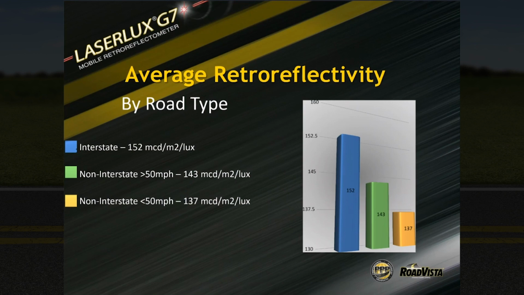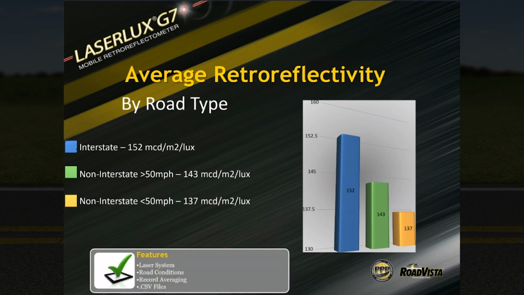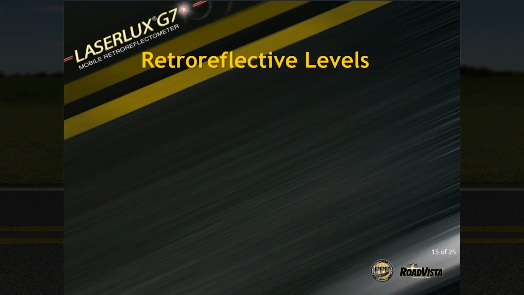But it was nice to see that difference. Chris? All right, so again, using that speedy laser system to pick up all those readings and catch those millicandelas, the road condition attribute buttons, and then our record averaging came into play on this one.